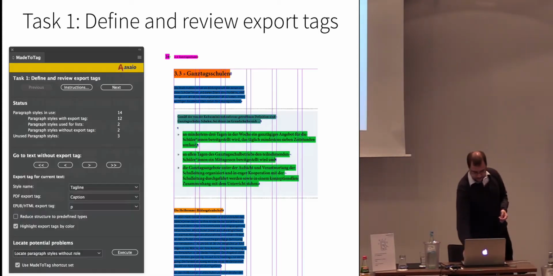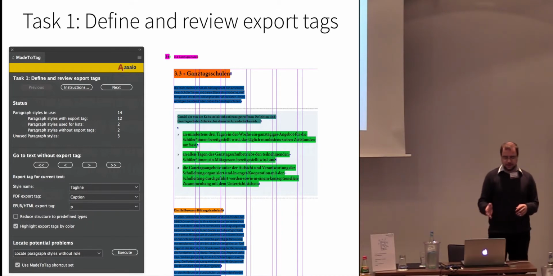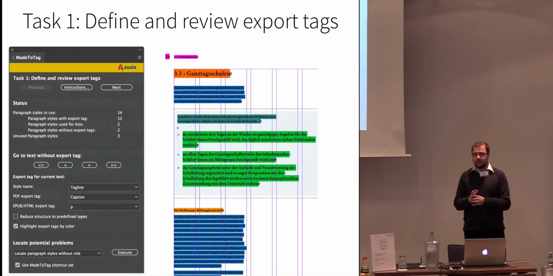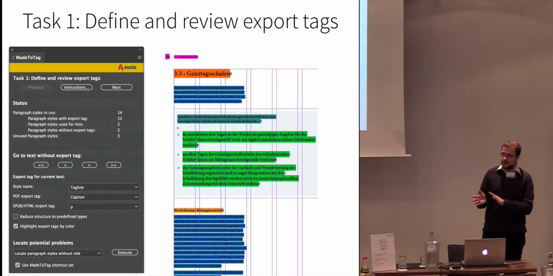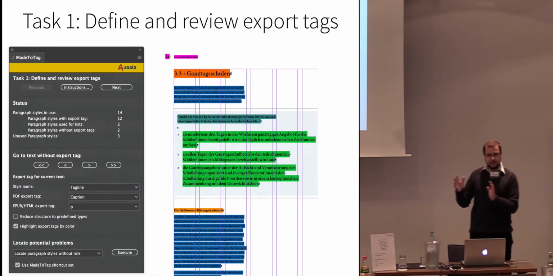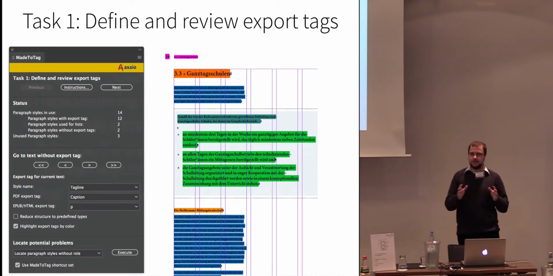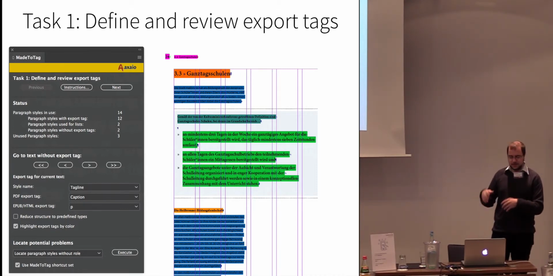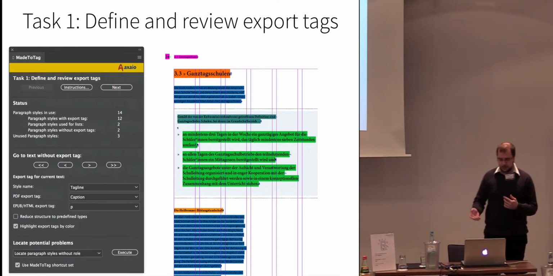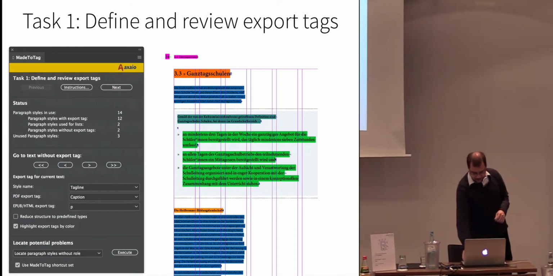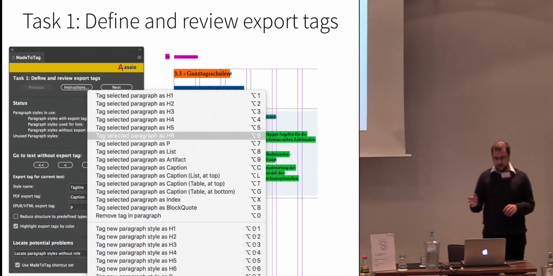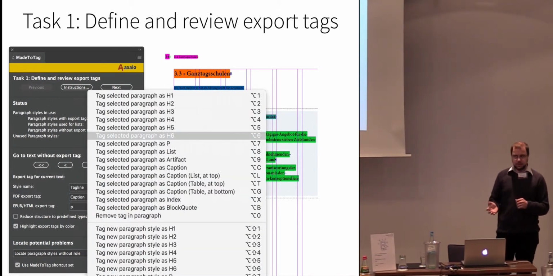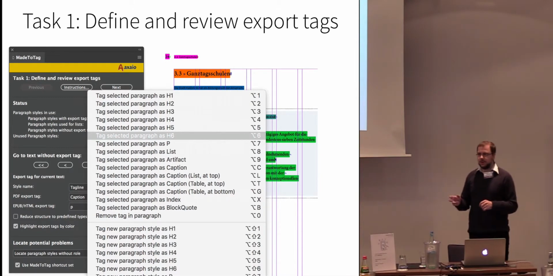The first one is defining and reviewing the export tags. You can define which paragraph has what semantic: a plain paragraph, a list, a heading, and so on. We define that in MadeToTag, and we added keyboard shortcuts so you can be really quick with that.